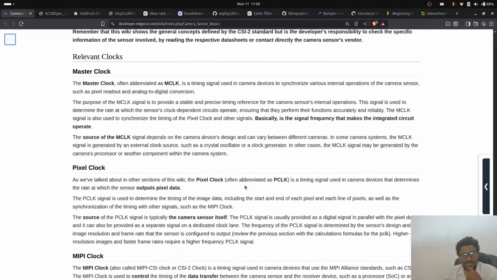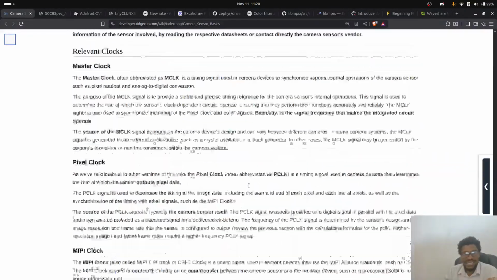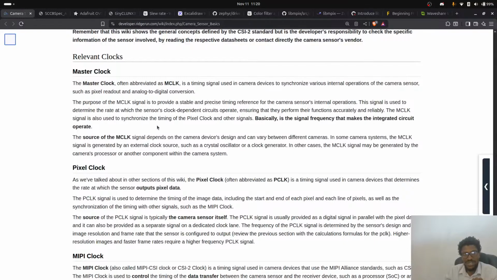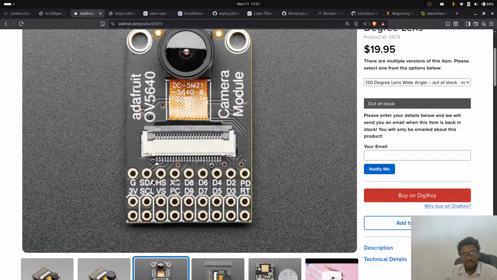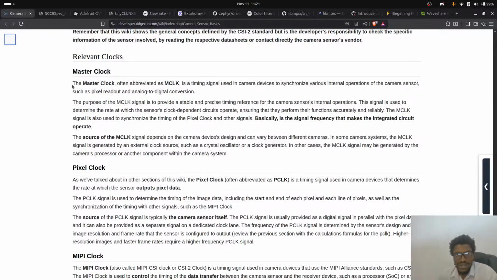So I think that's the end. There's a description of the clocks. There's a master clock, often defined as an M clock, but you can also define it as an X clock.